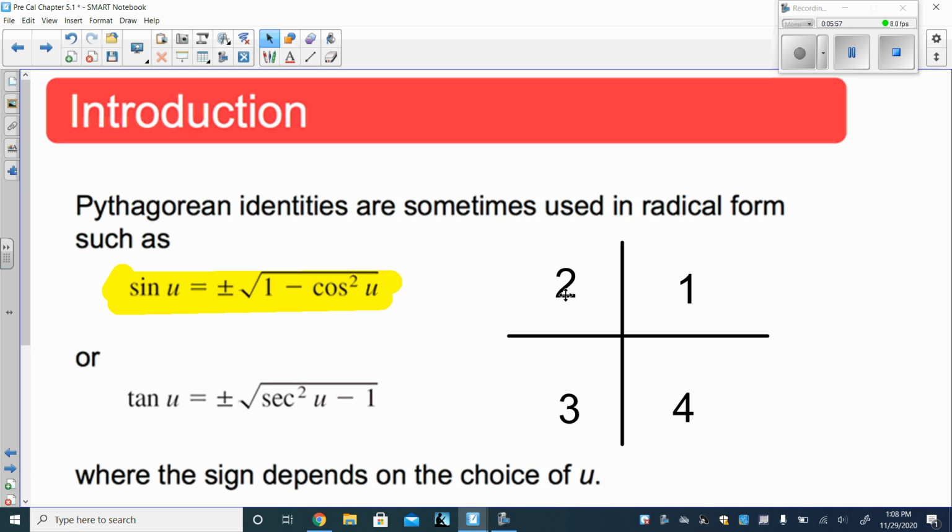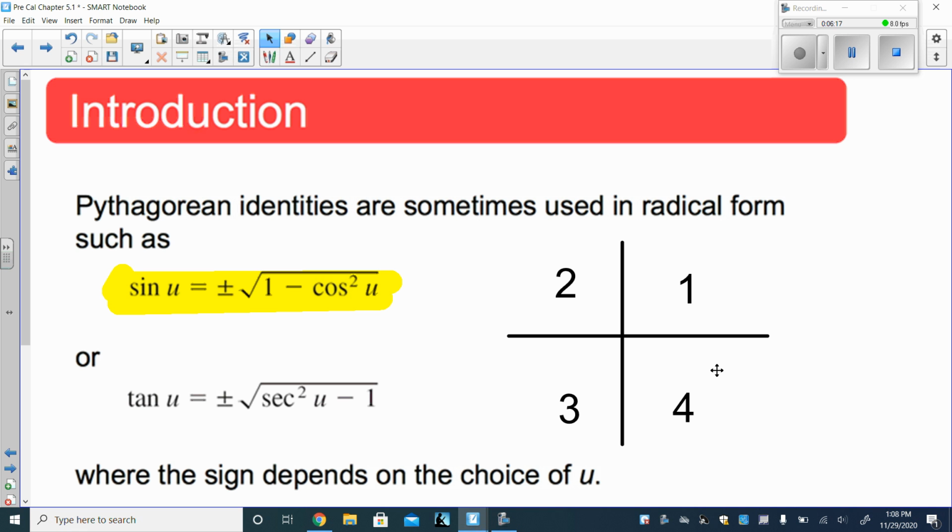So we would take the positive case. But if it lies between pi and 2 pi, or 180 and 360, or any coterminal angles that lie in the third and fourth quadrant, then it would be negative. So it depends on where the angle lies. Which quadrant it is in will determine the sine.